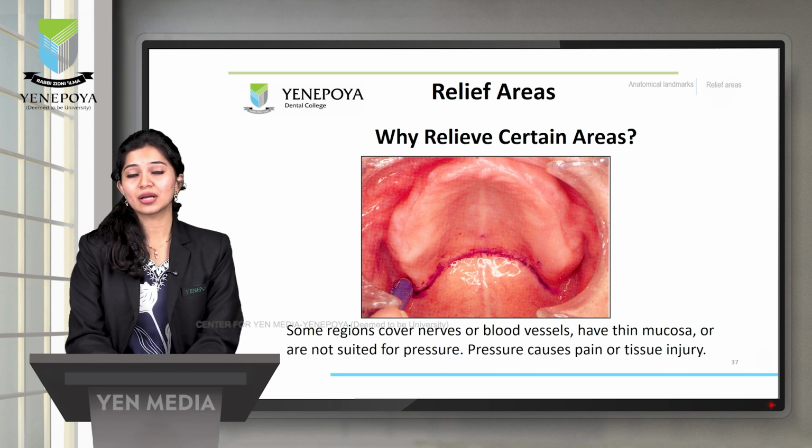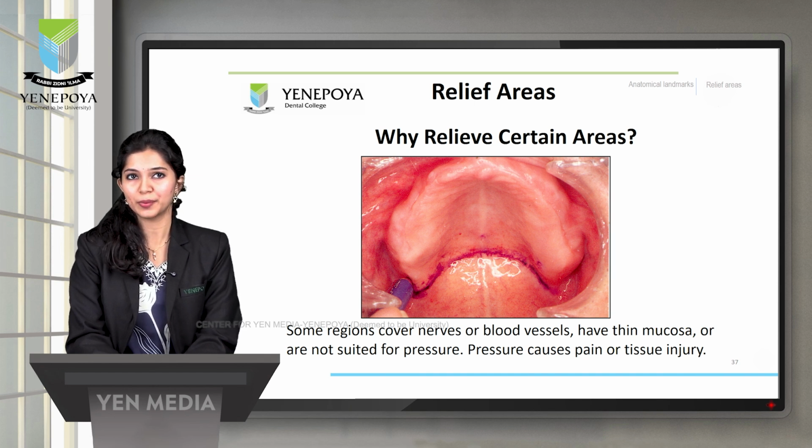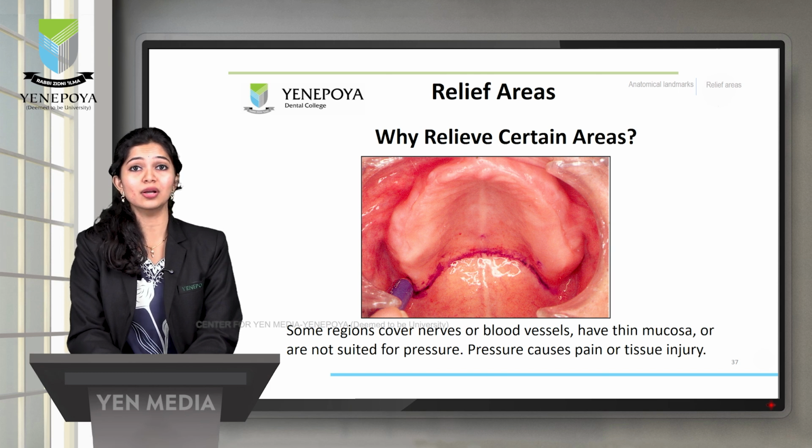Some regions cover nerves or blood vessels, have thin mucosa, or are not suitable for pressure. This pressure could cause pain or tissue injury, and that is why we relieve them when making a denture. That is why they are called relieving structures or relief areas.